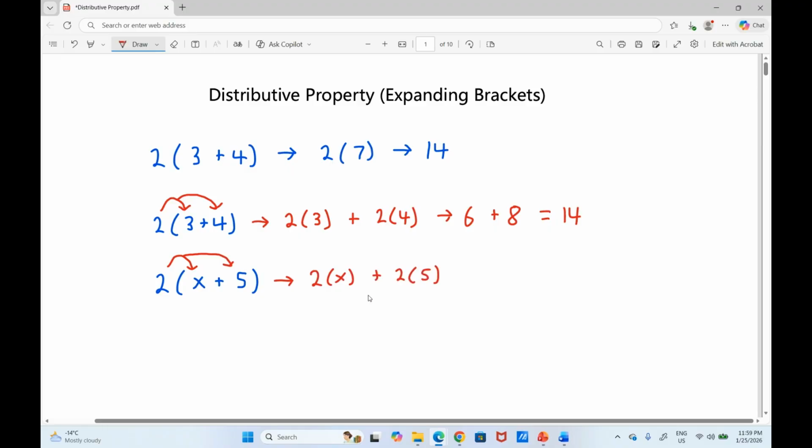And if I simplify this, 2 times x I can write as just 2x. And 2 times 5 I'm going to write as 10. So my simplified answer is going to be 2x plus 10. So that would be the only way to simplify this question, simply because I can't reduce what I have inside the bracket. So I have to simplify using this distributive property here.